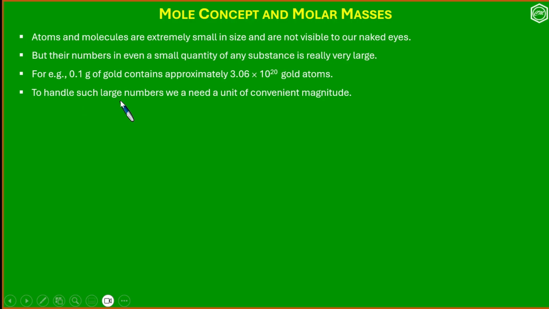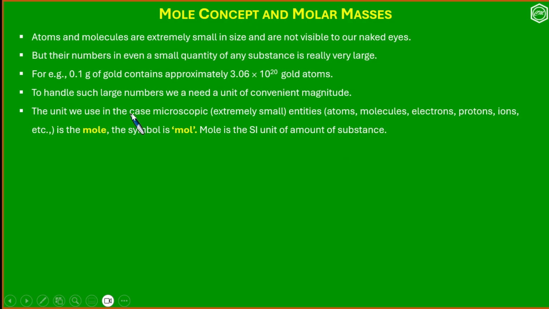To handle such large numbers, we need a unit of convenient magnitude. The unit we use in the case of microscopic, that means extremely small entities, is the mole. The symbol is MOL. Just as we denote 1 dozen for 12 items.